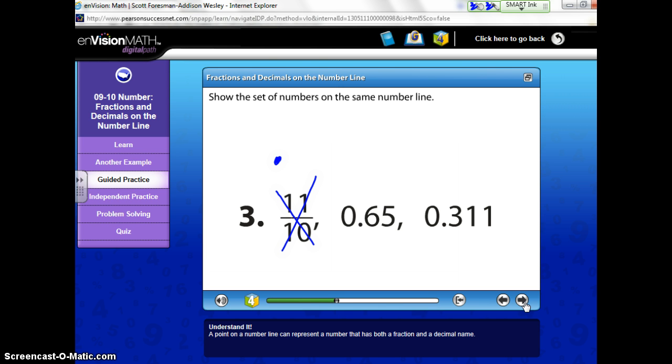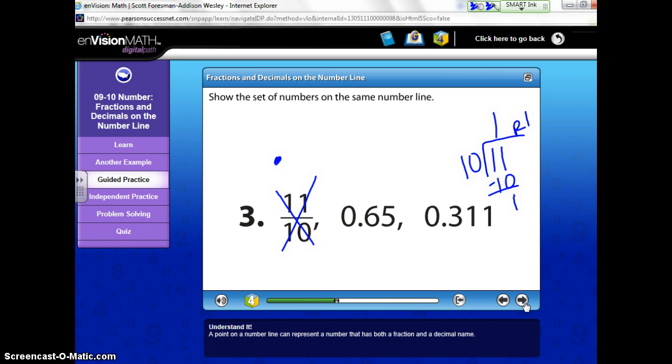What do you think? I don't know if that's going to help, but maybe. Okay, so we could do 11 divided by 10, like that. Okay, how many 10s are in 11? 1.